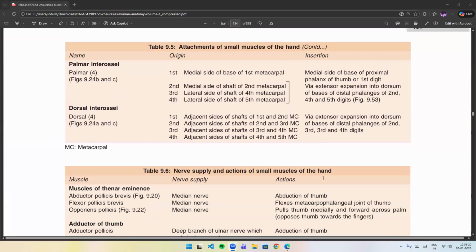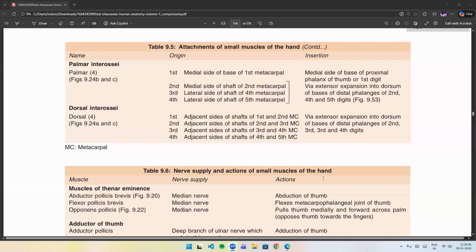Okay, the next is palmar interossei, and there we have 4 palmar muscles, figures 9.24b and c. Origin: the first one arises from medial side of base of first metacarpal. The second originates from medial side of shaft of second metacarpal, the third one from lateral side of shaft of fourth metacarpal, the fourth one lateral side of shaft of fifth metacarpal.